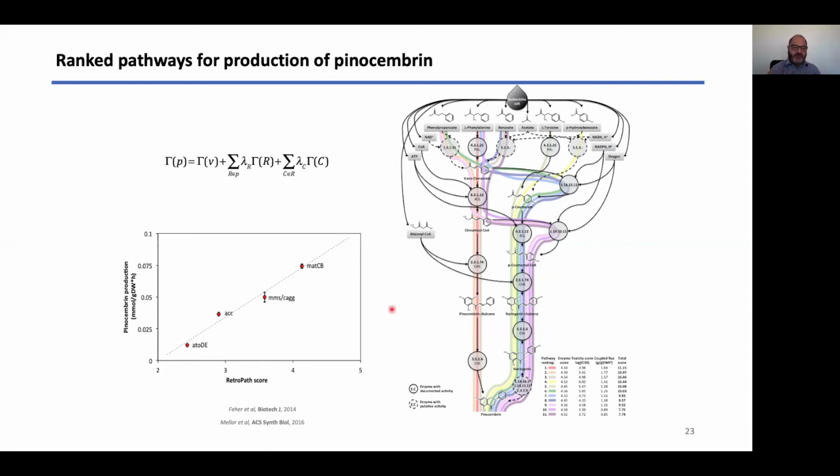So that gave us an idea that this approach could be very useful, because you don't need to try 100 different pathways in the lab, because this is going to take a lot of time, a lot of effort. Okay, so it's something that allows us to prioritize those pathways that are more promising.